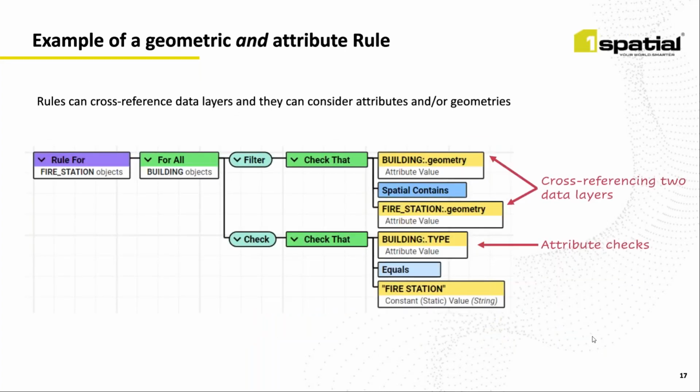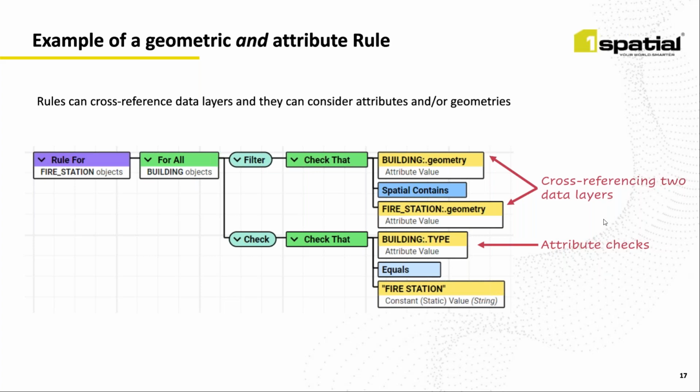Now, that is a very simple example. Rules can go from the very simple to very complex. This has just taken it up one notch in terms of complexity, because rules can cross-reference data layers. They don't just have to consider a single layer of data, and they can also consider attribution, geometries, or indeed a combination of both.